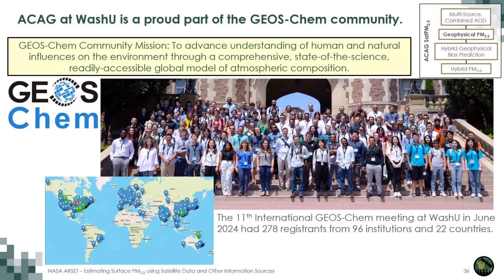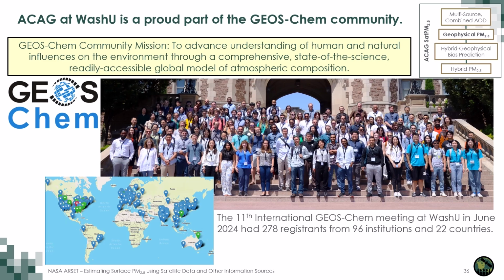As I've stressed throughout this presentation, the geophysical method relies heavily on the inclusion of a chemical transport model. The Atmospheric Composition Analysis Group is fortunate to be a proud part of the GEOS-Chem community. GEOS-Chem is an advanced chemical transport model with a specific mission to advance the understanding of human and natural influences on the environment through a comprehensive, state-of-the-science, readily accessible global model of atmospheric composition.